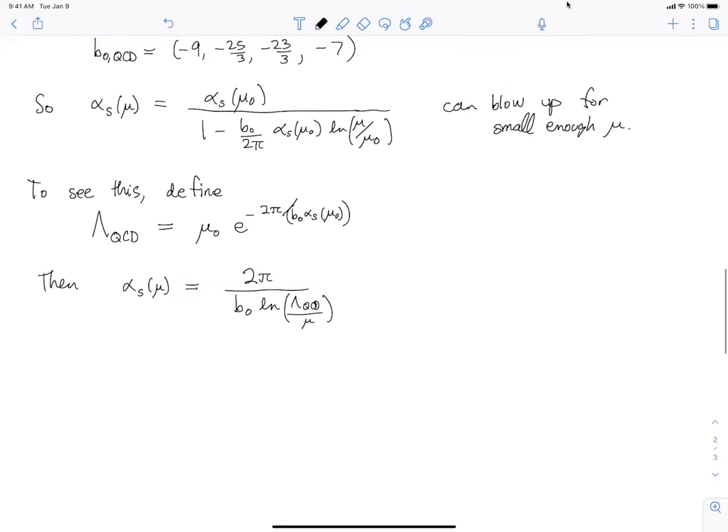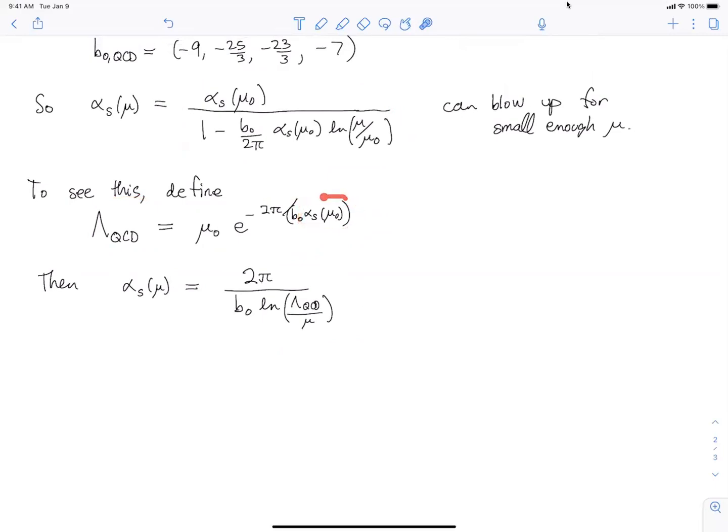Okay, so my claim is this equation just follows from taking this definition and plugging it in here to this equation. Right, and so one way of saying what you're doing is you're eliminating alpha_S of mu0 in the right-hand side.